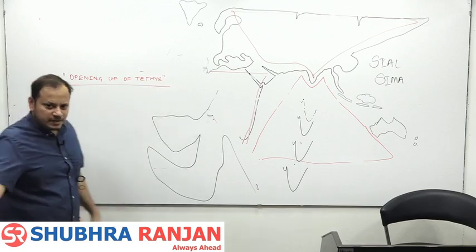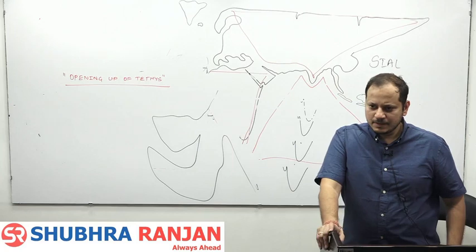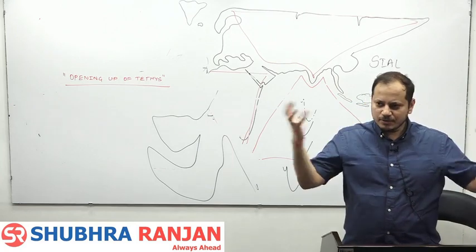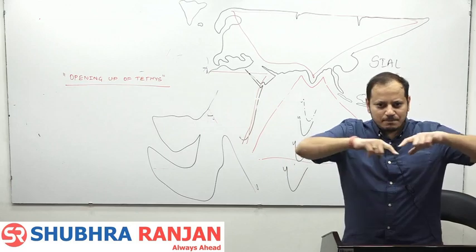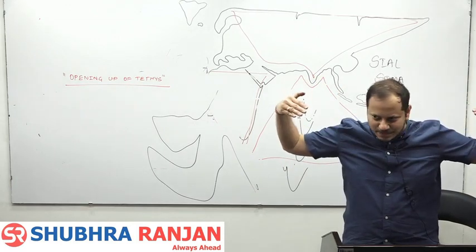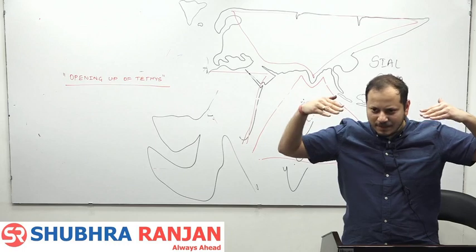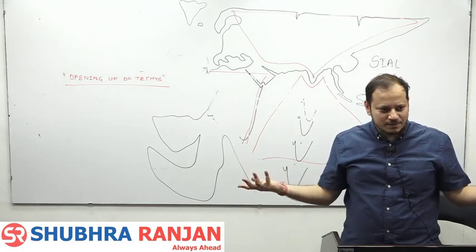Opening up of Tethys, tell me someone. What happened? Pangea broke into two parts, Laurasia and Angara land. Pangea was surrounded by Panthalassa. Pani, did it come into the gap? And that gap is known as Tethys. So that is the opening up of Tethys.